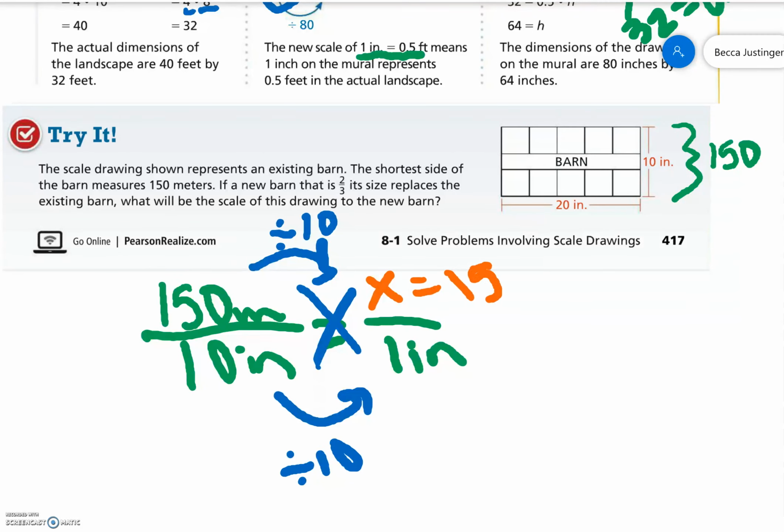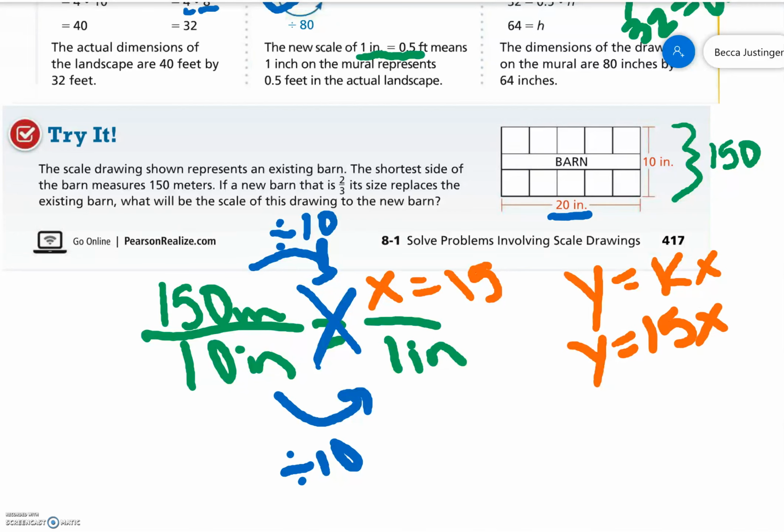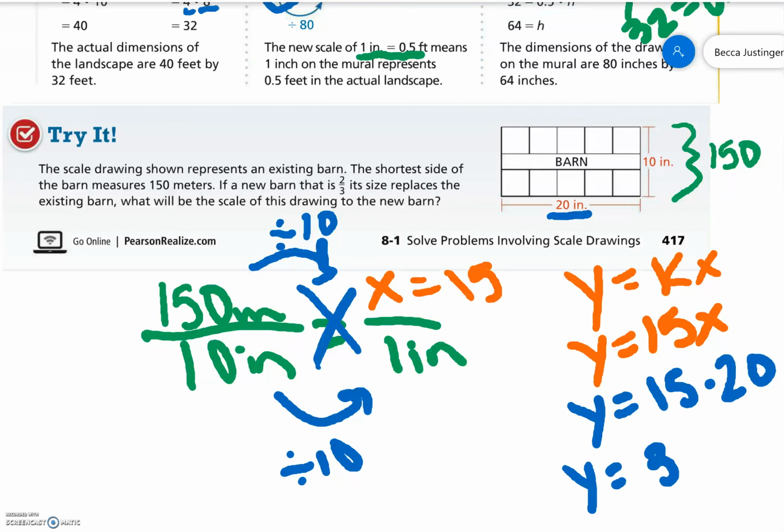15. So that means I can use my equation as y equals kx, y equals 15x, and right now I have the length to be 20. So y equals 15 times 20. So y equals 300. So the long side of the barn is currently 300.